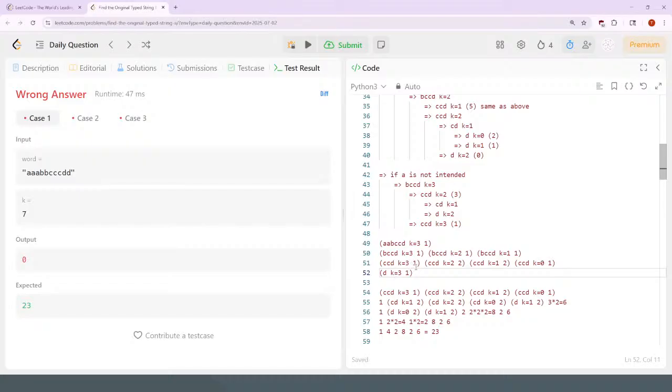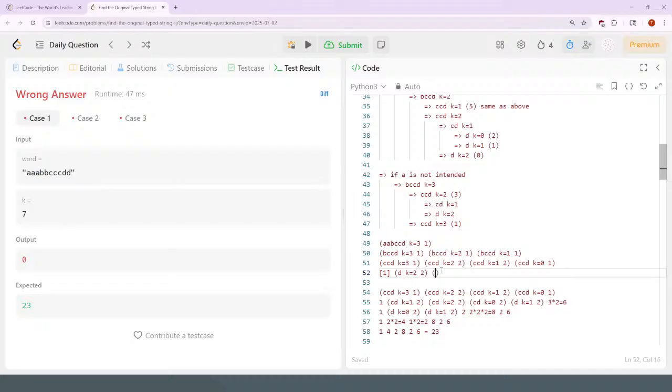Technically, this first one I can't do anything about, right? This first one is the final answer, because the length of the string is equal to K. Alright, the second one, if I kept it the same, just removing the C's, dk equals 2.